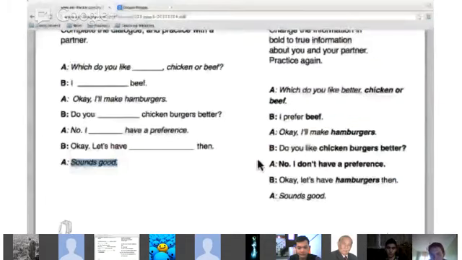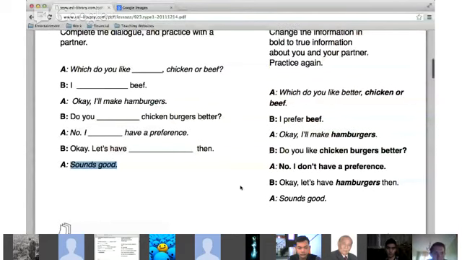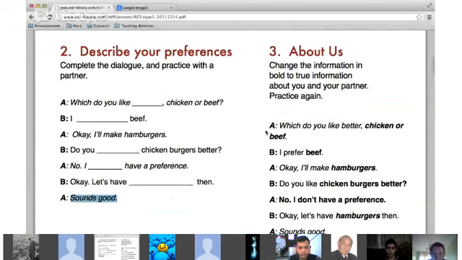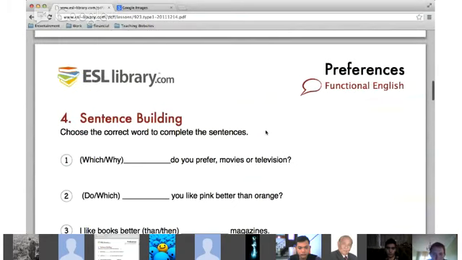Awesome. Okay, you guys, let's move on. All right, okay. So about us, this is going over the same type of thing. We're going to roll down to number 4.